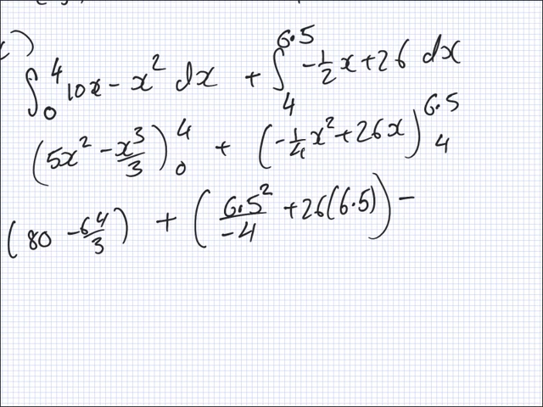So 4 squared is 16, 16 over 4 is 4, minus 4, 52, 104. So that is 100. What's that? 240. Help the teacher out here. 240 over 3, 24, 176 over 3.